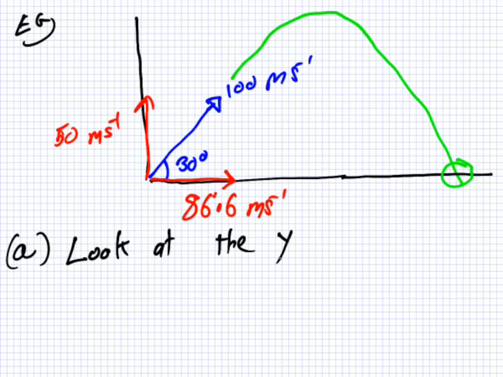Let me just double check you have that idea. So let's say this is 100 meters, and this is 100 meters. So 1, 2, 3, and here at the top is 100 meters.